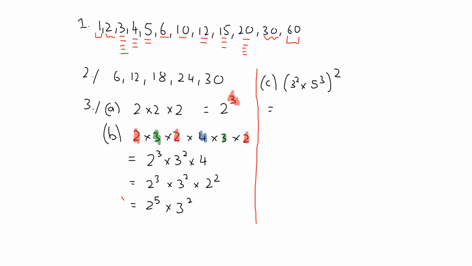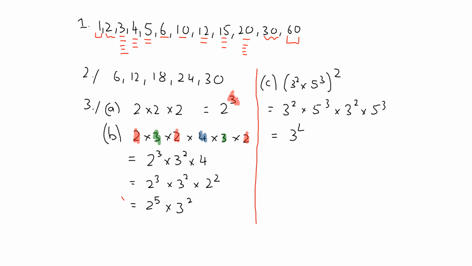Well, I know that's just going to be 3 squared times 5 cubed times 3 squared times 5 cubed. 3 squared times 3 squared is 4 3's all multiplied together in these two combined.